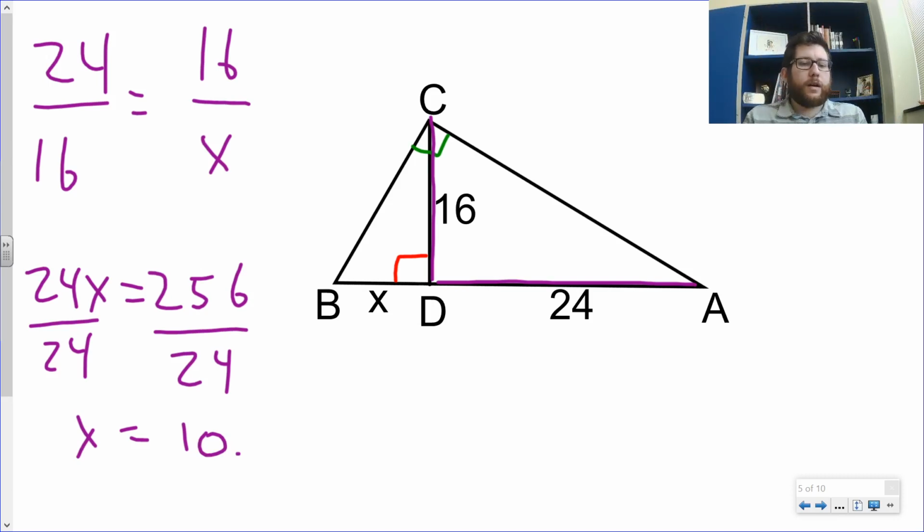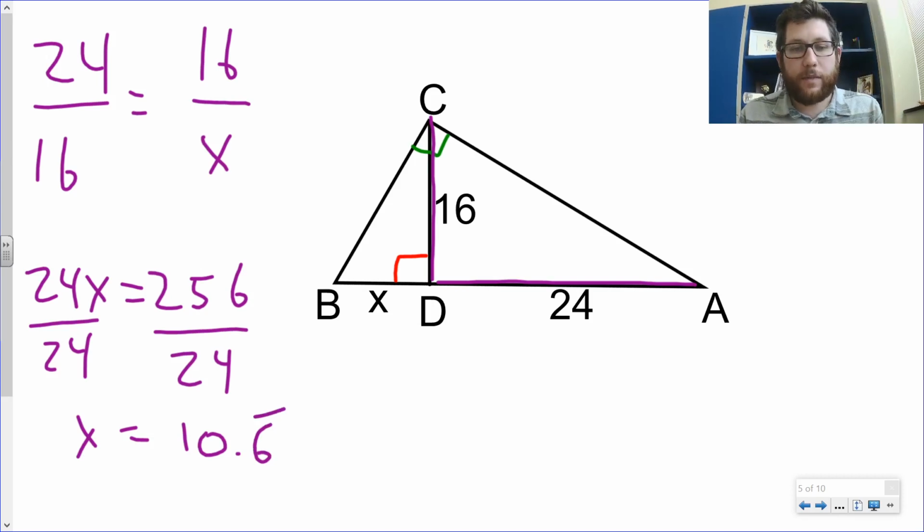Let me just pull out a calculator and see exactly what this comes out to be. Sorry, I should have had my calculator ready here. So 256 divided by 24. 10.6 repeating. Okay, so I was right on the right track. All right, so 10.6 repeating.